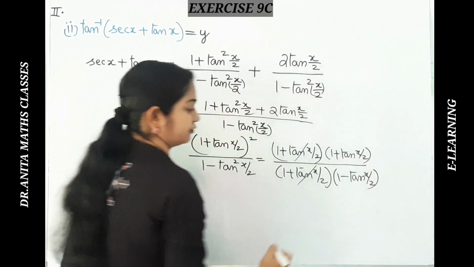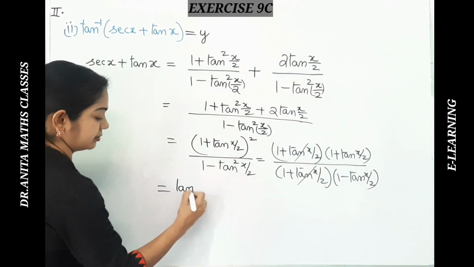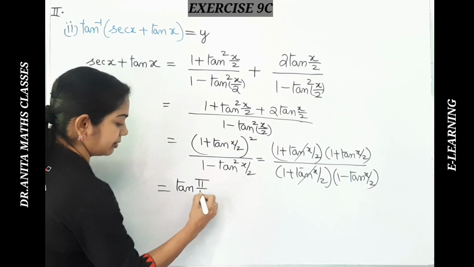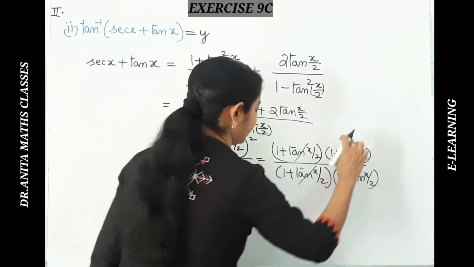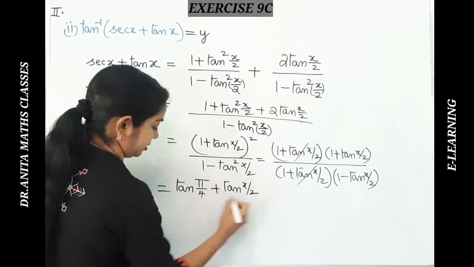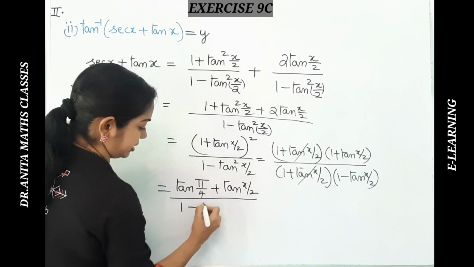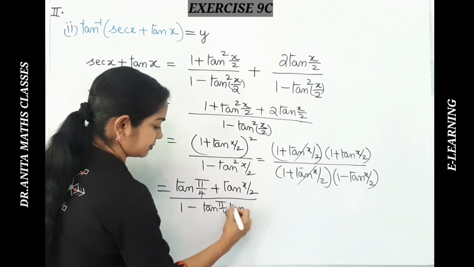Here we have tan inverse of this, and we will write it in the form of tan, not cos. Let us see, that 1 I can write as tan 45 degrees, pi by 4. Tan 45 is 1. So this 1 I'll write as tan 45 plus tan x by 2 divided by 1 minus tan pi by 4 tan x by 2.